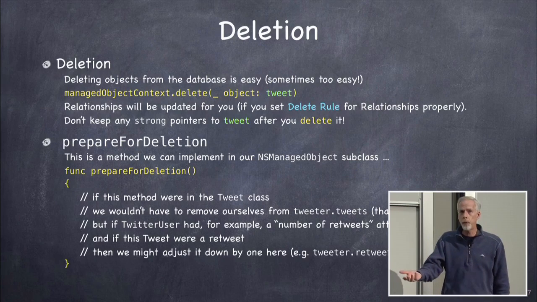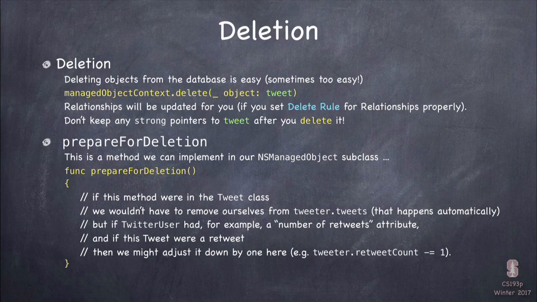Now, when things get deleted from the database, they get sent this message first, prepareForDeletion. Okay? And this is a really good method. Again, in here, you don't have to do anything to worry about the other pointers pointing to you. That's all fixed by the delete rule. But what if you had another field in your database? Back to the retweet count example again. Let's say I had an int somewhere in Twitter user which counted the number of retweets that this Twitter user had done.